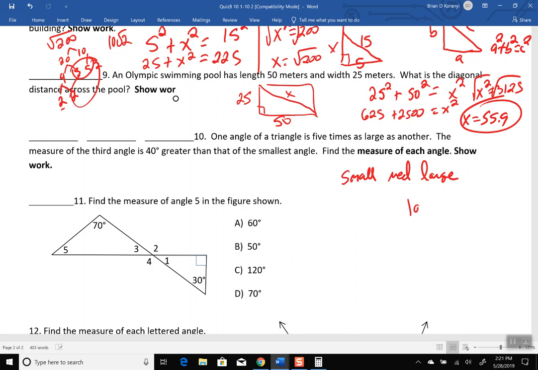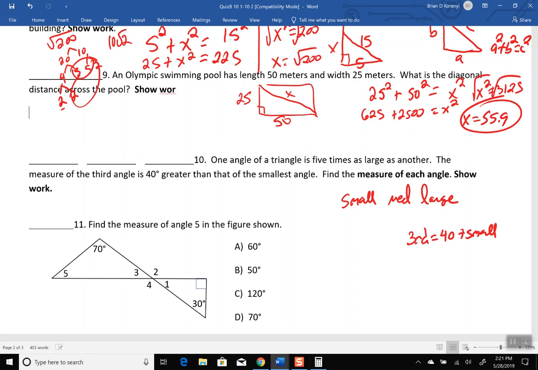So let's see, the third angle is equal to 40 degrees plus the smallest one. And then you have the first angle, which is just the smallest one. And then you have one angle that's 5 times as large as the other one. So let's see, 5 times.